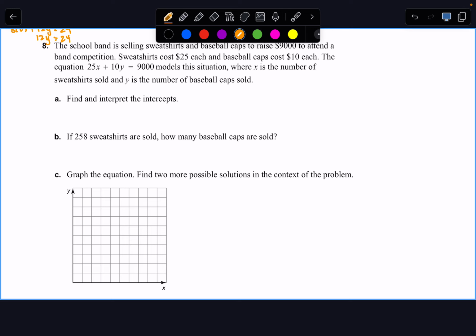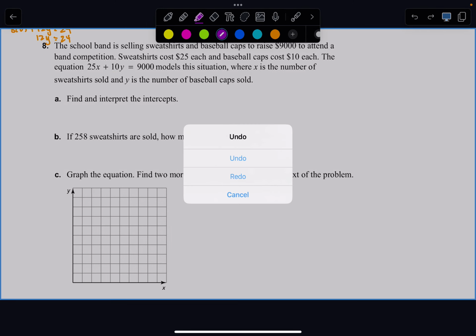We have sweatshirts and baseball caps, right? For the school band. $9,000 they want to raise. So here's the $9,000 that they want to raise. Sweatshirts are $25 and baseball caps are $10. And in total they want to raise $9,000.